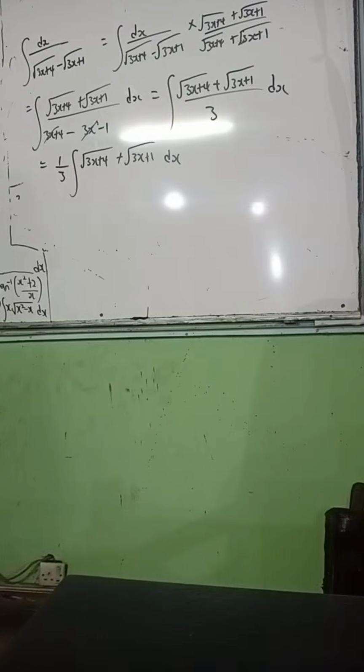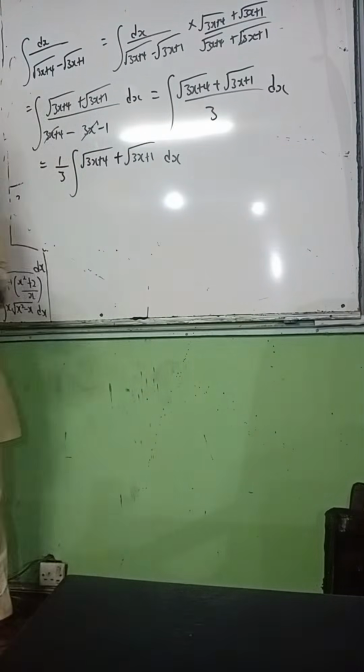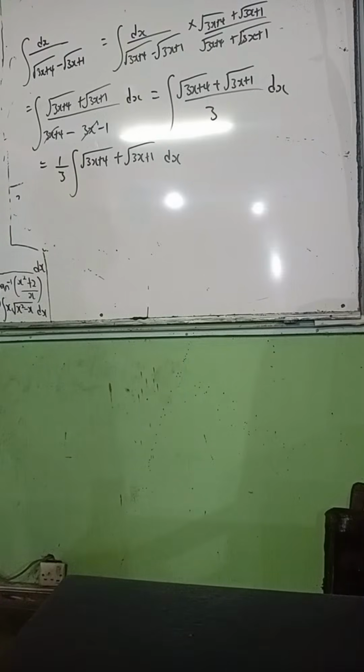So what do you think we can do here now? Do you think you can integrate directly? What can we do? Can you say this was equal to 2 root 3x plus 1?